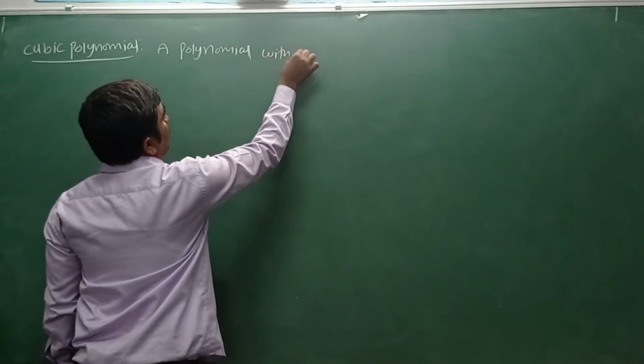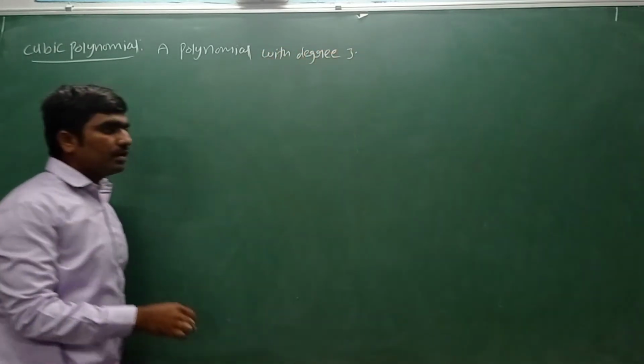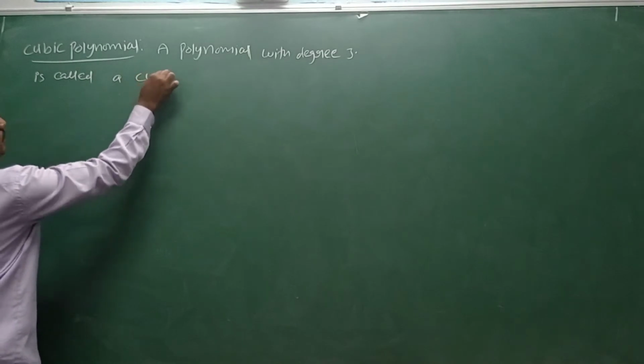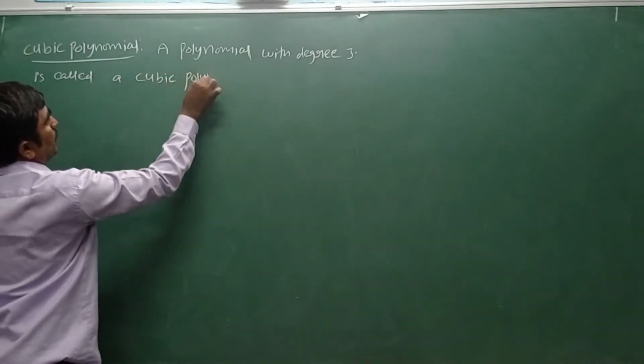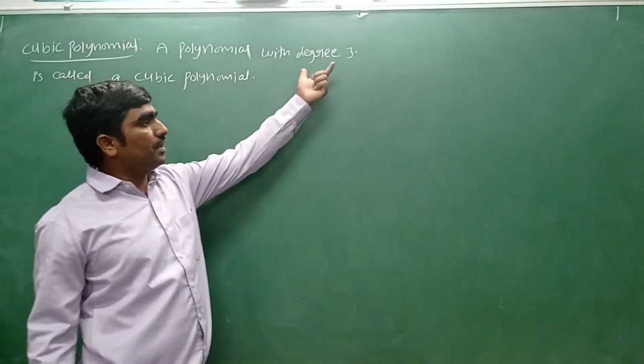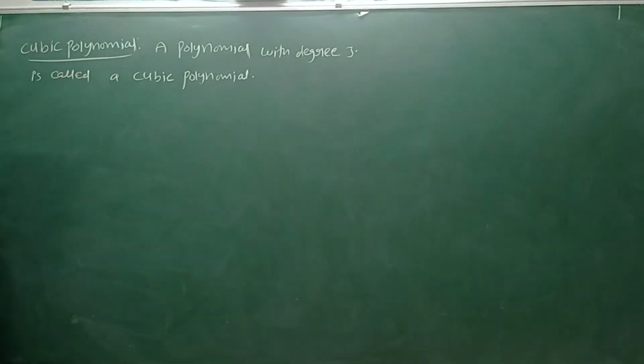A polynomial with degree 3 is called a cubic polynomial. If the highest power of a polynomial is 3, then the degree is also 3, and it is called a cubic polynomial.